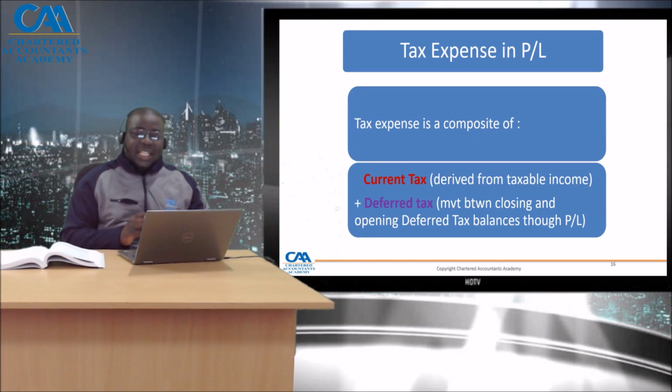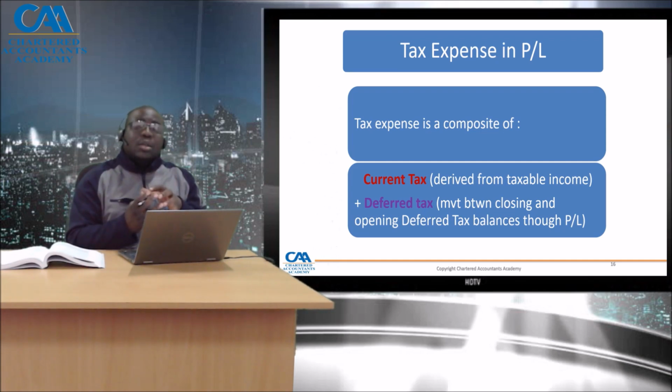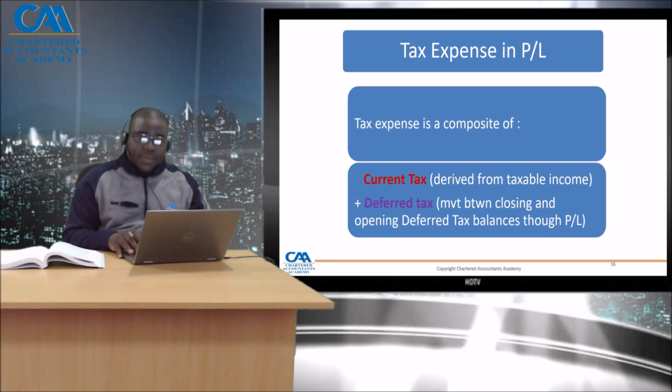So to summarize again, all the income that has been earned in one accounting period has to be taxed. But the timing of payment differs. What is payable now is put under current tax. The tax that's payable in the future is put under deferred tax. However, from an accrual perspective, the tax expense should show the total tax charge for all the income that has been earned in the current year.